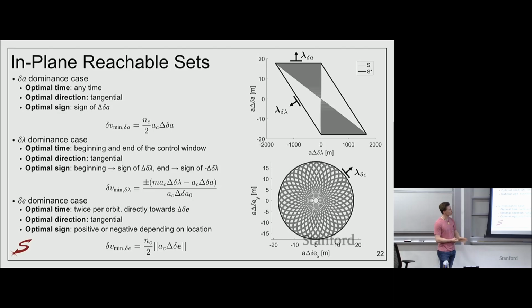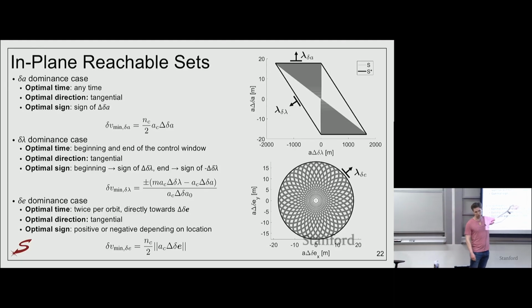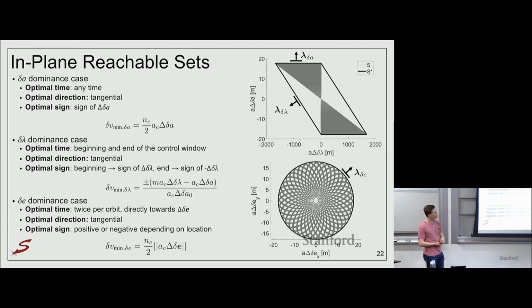Direction is again tangential, and sign depends on the sign of the delta lambda pseudostate. And we can again come up with an analytical expression of what the delta V minima looks like for this dominance case. The same thing for the delta E dominance case. We have a perfect circle here because of the periodic motion of the relative eccentricity vector.